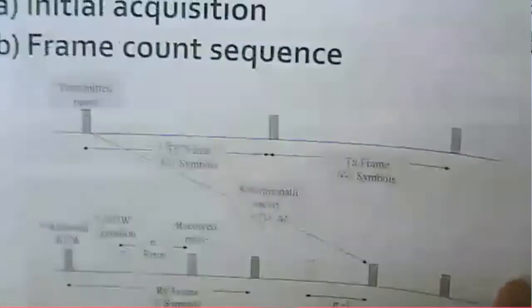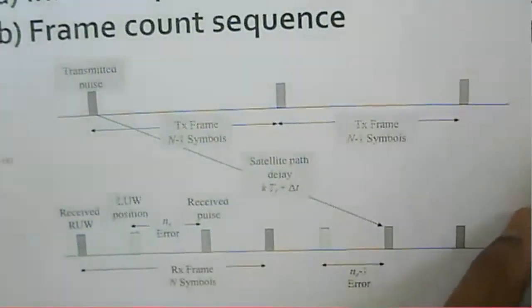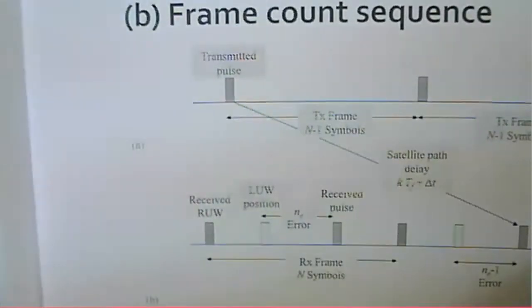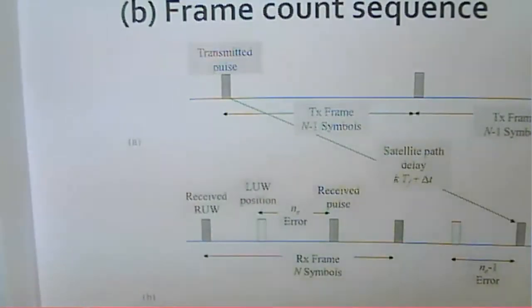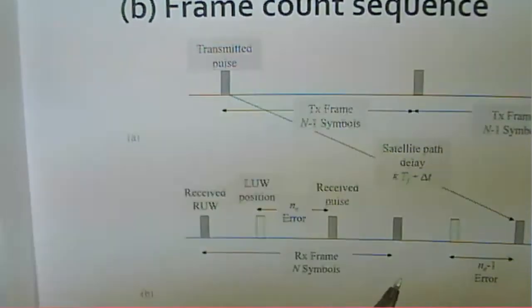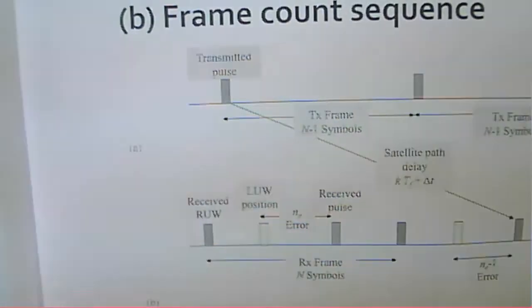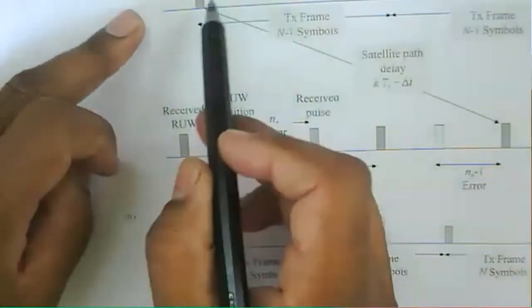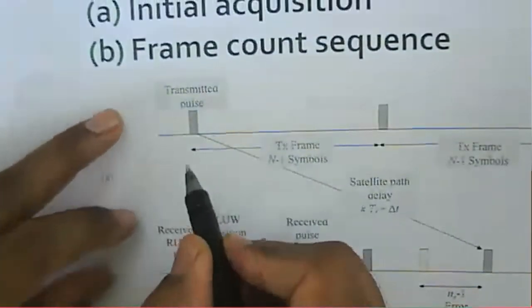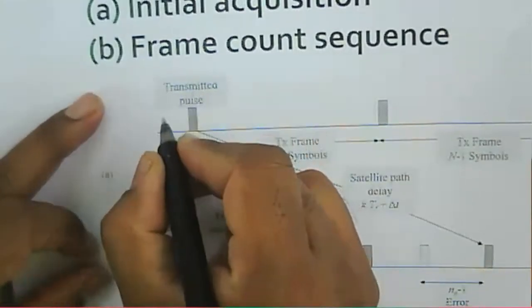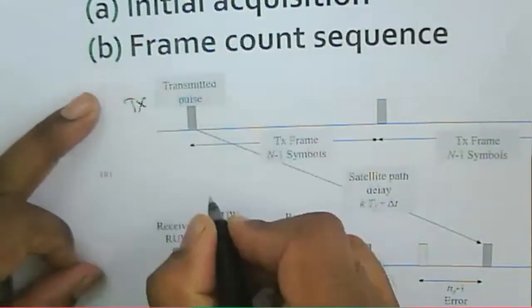So now if you see the initial acquisition system, it transmits and receives pulses during the initial acquisition. This is a transmitted pulse. This is a transmitted pulse.